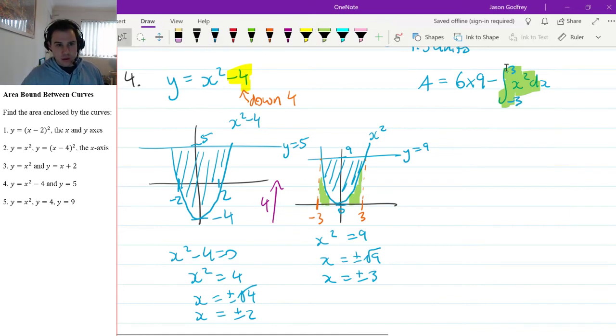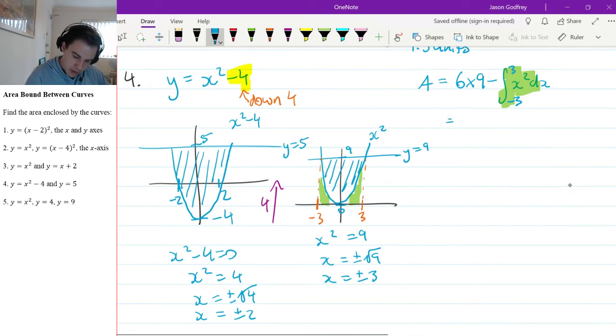Now, whenever we're going from a negative value to another value, your brain should be twigging, oh, hold up, do I need to do anything here? Because remember, if this was an odd function, these areas would cancel each other out. But it's okay because it's an even function. This will be fine to just go ahead and integrate and plug the values in.